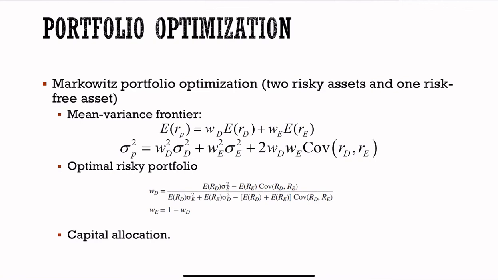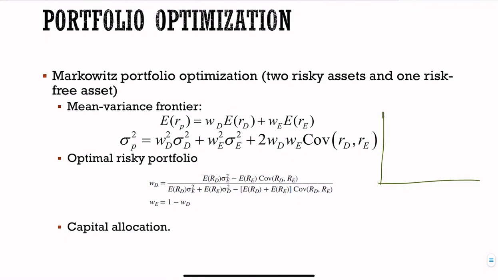We basically have two assets here, debt and equity. If you have the return, the volatility, and the correlation between debt and equity, then you will be able to find this mean variance frontier. So this is the first step.